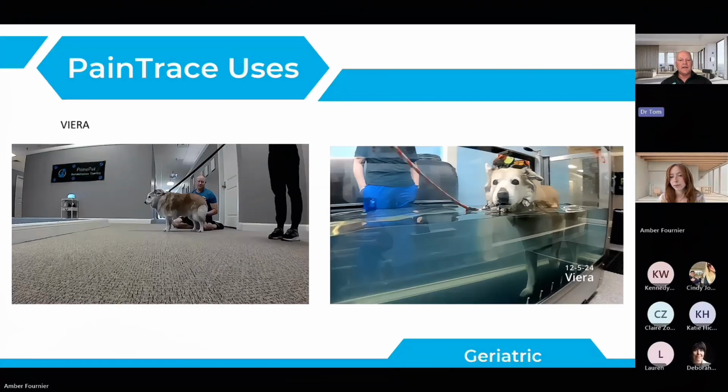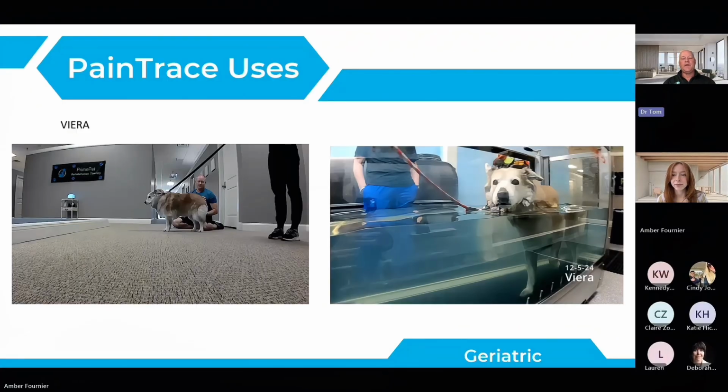We also are getting her stronger through, as you can see on the right hand side, the underwater treadmill. So this is key in this type of case because I don't want to push Vieira too far too fast. Since she's not going to tell me anything, she'll just plod along, and she has been for a long time.